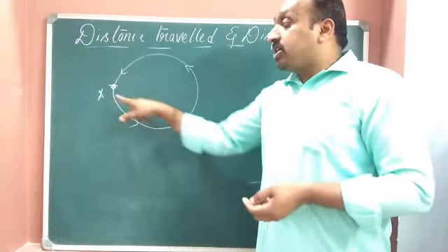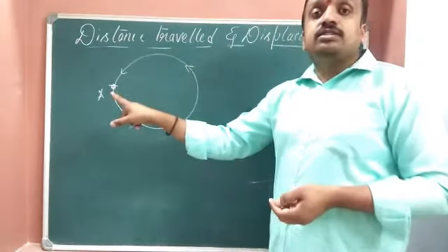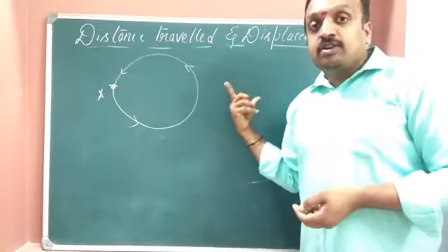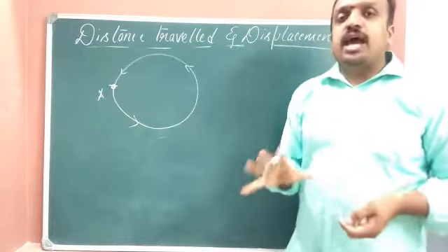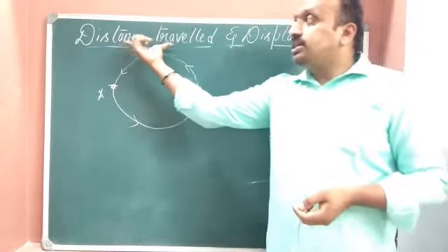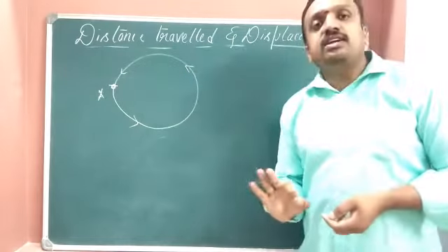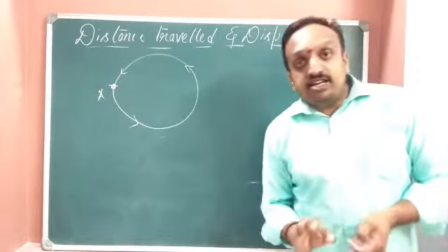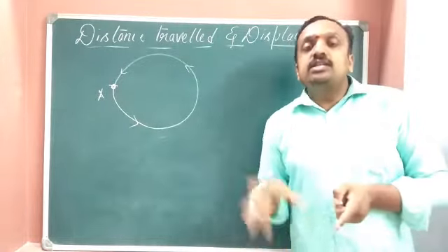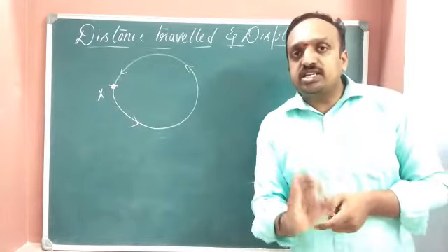And the direction may be clockwise or anti-clockwise, which may be negative, but those things cannot happen with respect to the distance traveled. So distance traveled is a scalar quantity, displacement is a vector quantity.